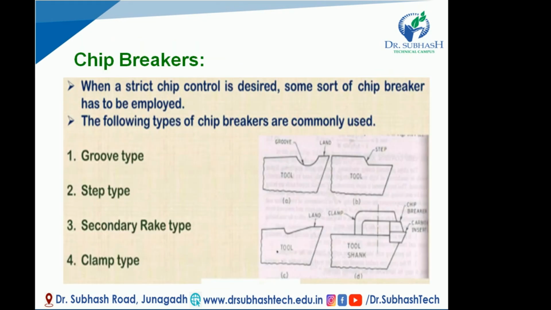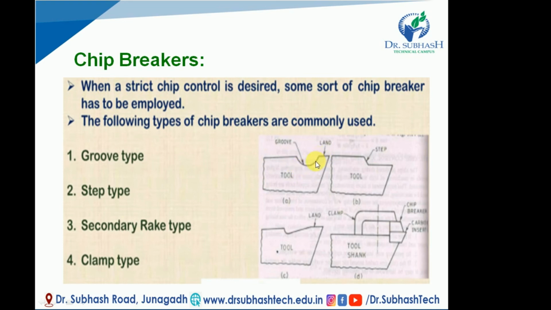Now chip breakers. These are the different shapes you can see in the slide, different chip breakers. When strict chip control is desired, some sort of chip breaker has to be employed. The following types of chip breakers are commonly used in different manufacturing processes. First one, you can see the shape of this is a groove type, that's why it is called groove type.